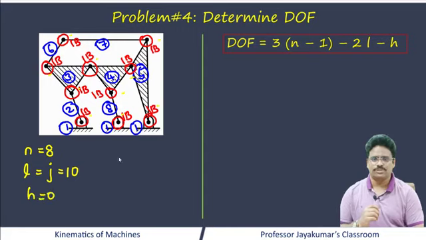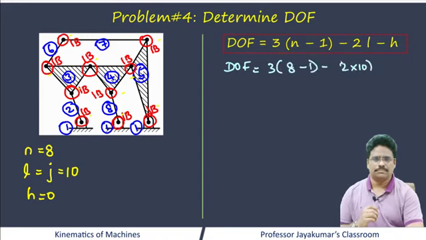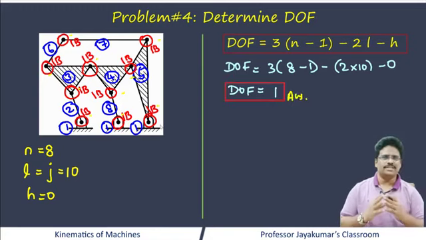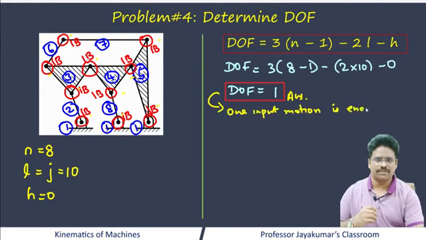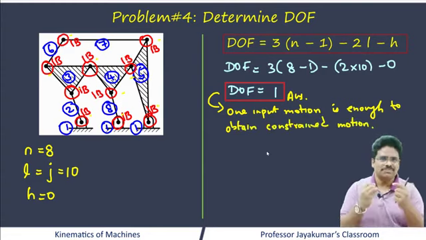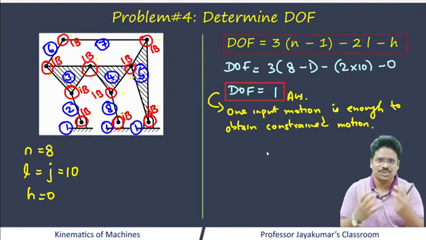No. So substitute them. We will get the answer. So we get degrees of freedom is equal to 1. That means we need only one input motion to actuate the mechanism, which will give us the constrained motion.